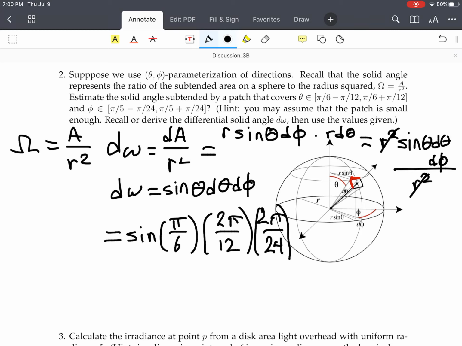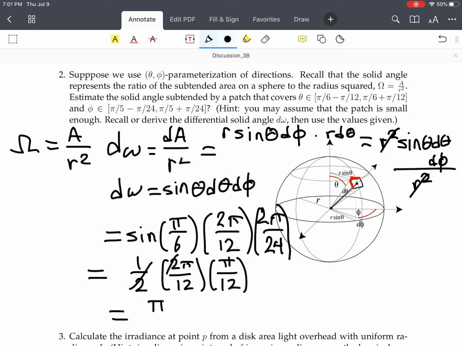Sorry, I ran out of space a little bit. So that's going to be equal to 1/2 times 2 pi over 12 times pi over 12, right? Because the 2 and the 24, these two will go. So it's going to be pi over 12 times pi over 12, or pi squared over 144.